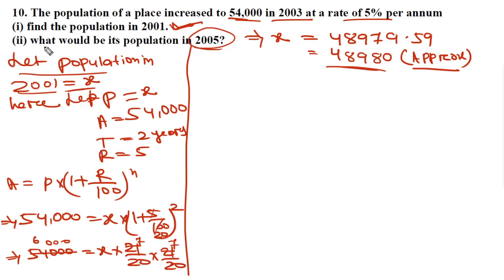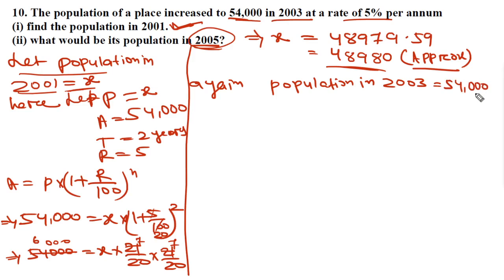Now what we have to find, what would be its population in 2005? Again, population in 2003 is equal to 54,000, given. Now this population will increase at a rate of 5% per annum. For how many years? From 2003 to 2005, it's 2 years.